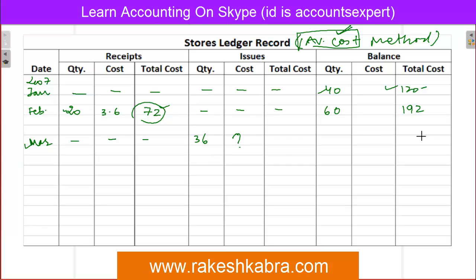So before selling, what is the status of store? The value is 192, and how many units? 60 units. So tell me, what is the rate? Total value of inventory is 192, and the total quantity of units is 60. So 192 divided by 60, the average rate will come 3.2.